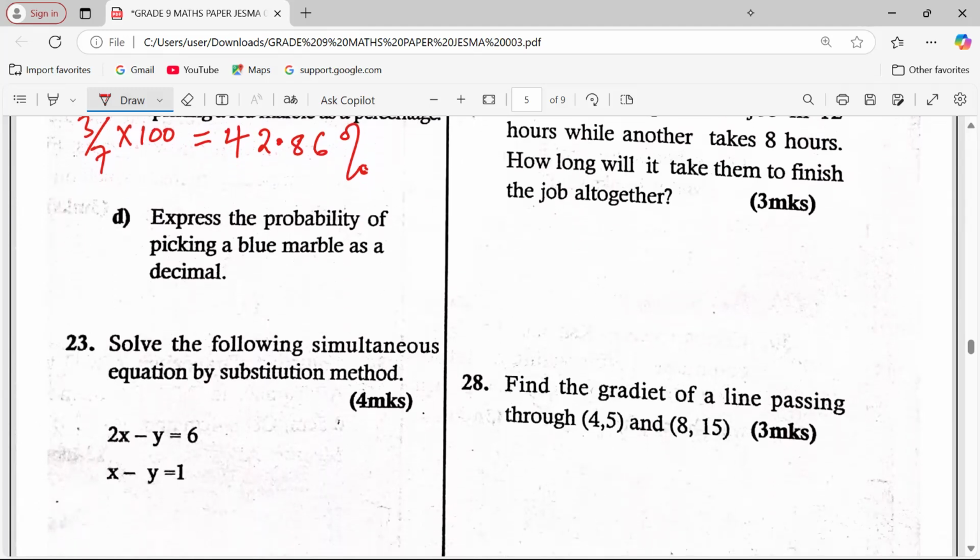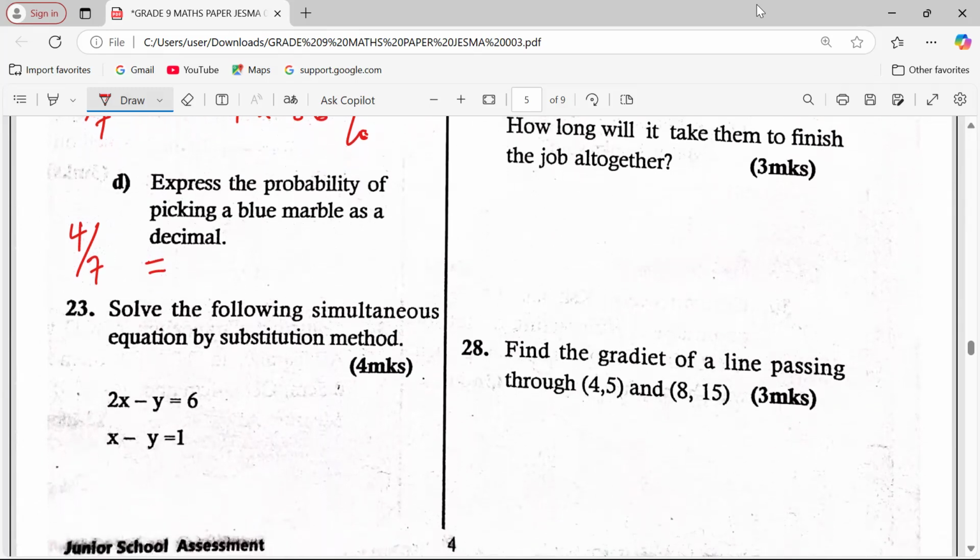We already have that probability as 4/7. So ours is to simply divide 4/7 so that we may get a decimal. So this is going to be 0.5714. This is a decimal to 4 significant figures. So that is what we expect.